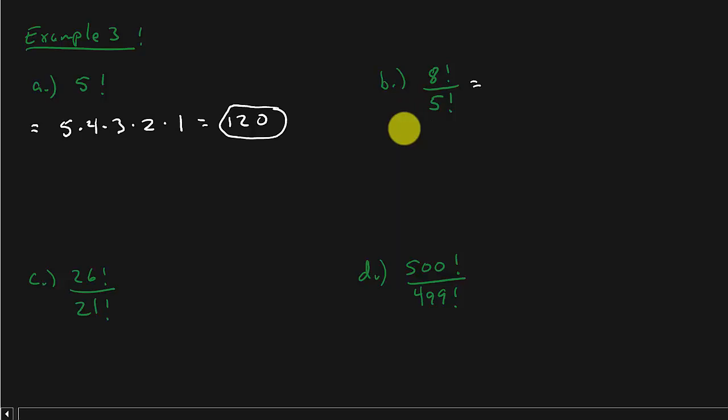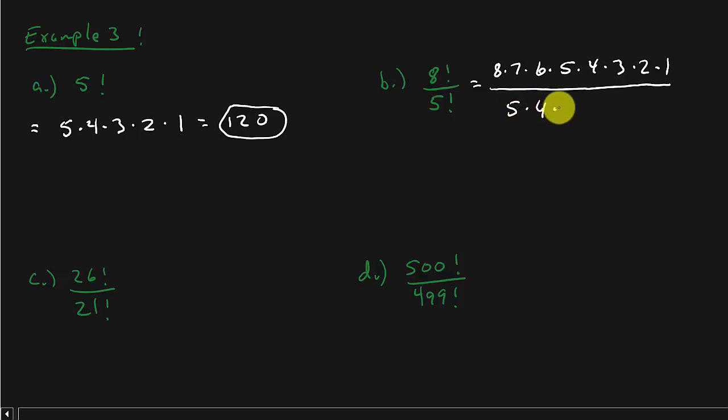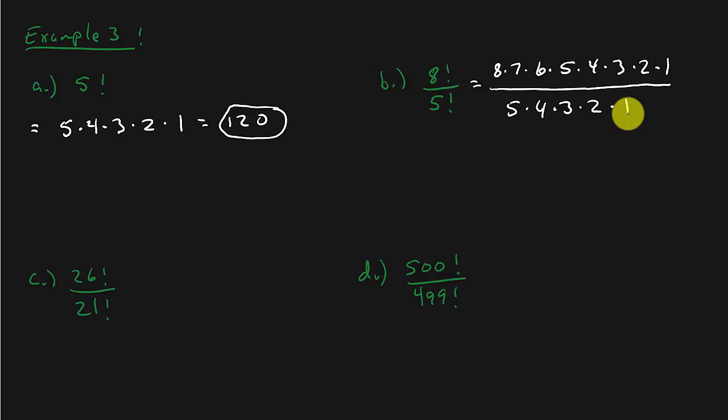All right, now let's look at this. 8 factorial divided by 5 factorial. Well, this is what? 8 times 7 times 6 times 5 times 4 times 3 times 2 times 1 over, and then 5 factorial is 5 times 4 times 3 times 2 times 1. So if you look at this, you see how I wrote this out.